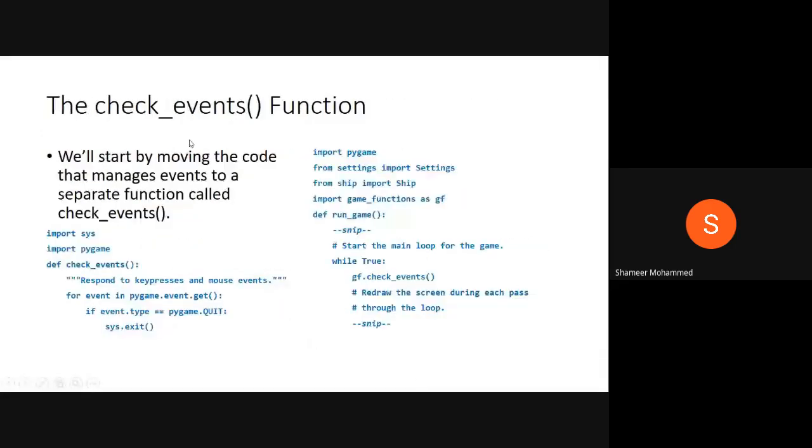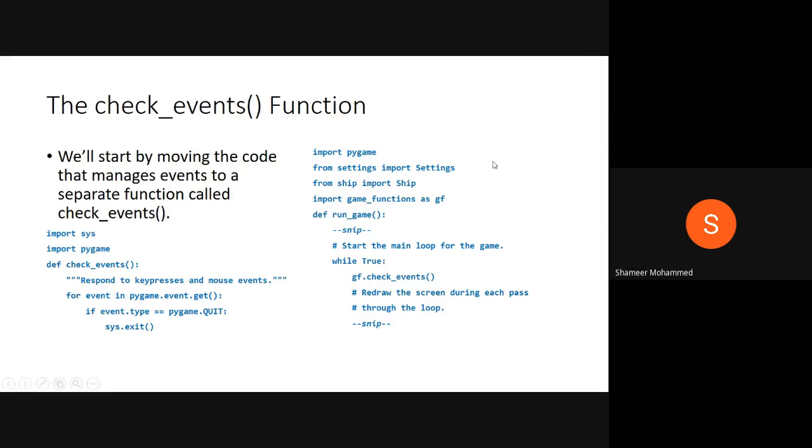Okay, now see this method, check events. Check events is the method which will check whether you have pressed the quit button or closed the window with your mouse. I only call this method, check events, so the code is in the separate class.